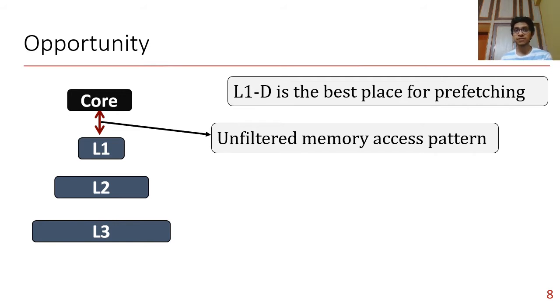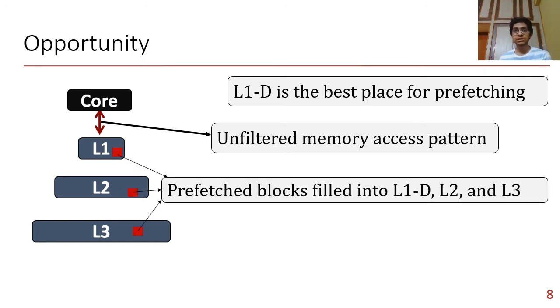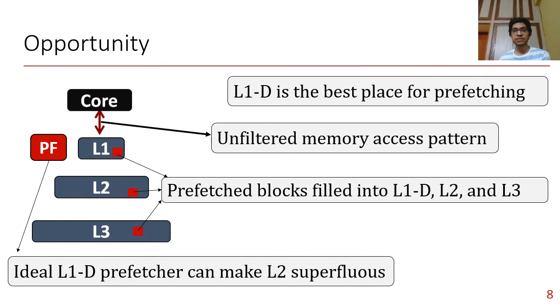The pattern observed at the L2 is not only filtered by L1 hits, but in the presence of an L1 prefetcher is also jumbled with L1 demand and prefetch requests. The L1 prefetcher also has the added benefit of choosing where to place the prefetched cache lines. They can be placed in either the L1, L2, or the L3 levels. An ideal L1 prefetcher can also make the L2 cache redundant for certain applications.